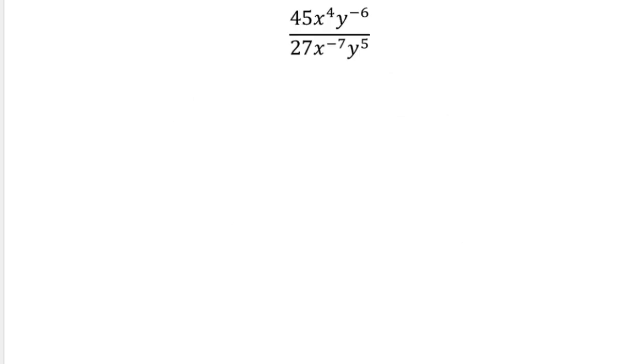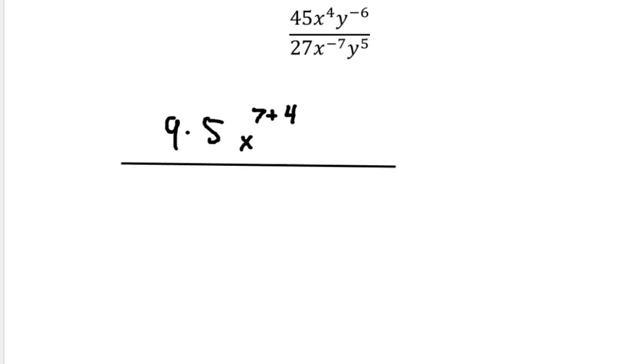Now let's try this one. We can just arrange some exponents. So 45 can be broken down into 9 times 5, and we can just move the denominator to the numerator. So that's going to be 7 plus 4. We need a straight line.